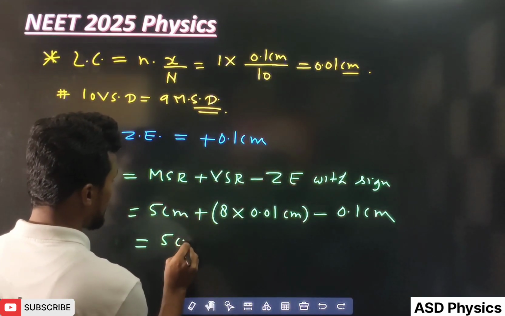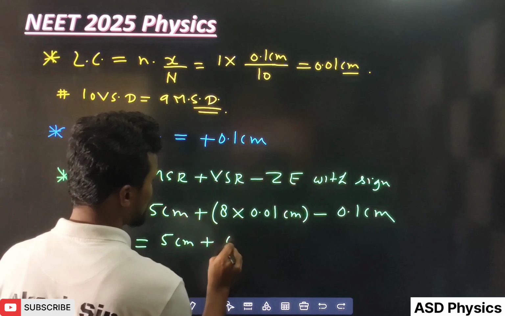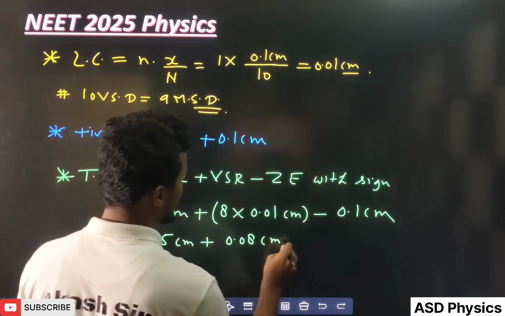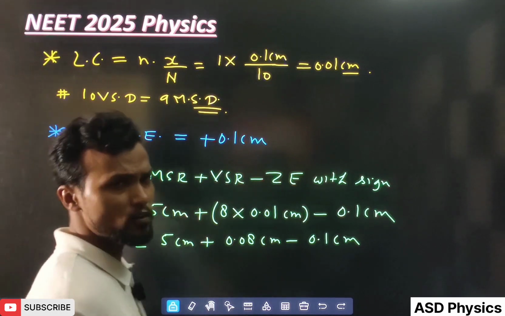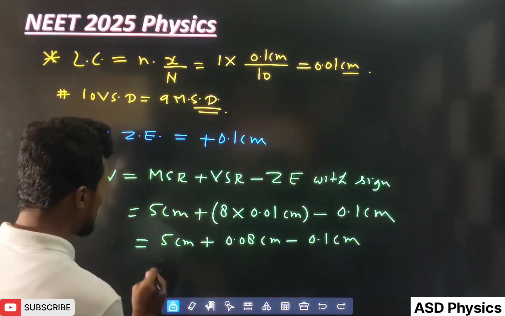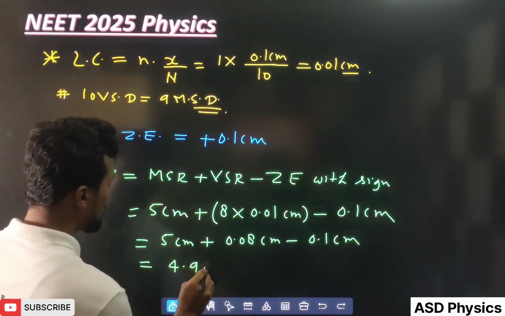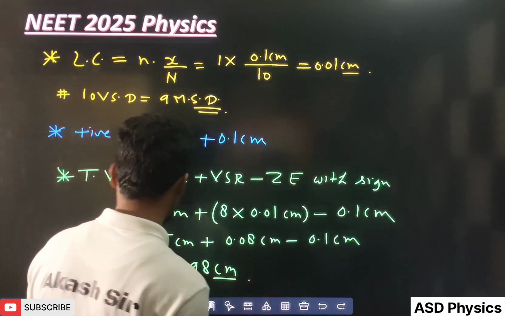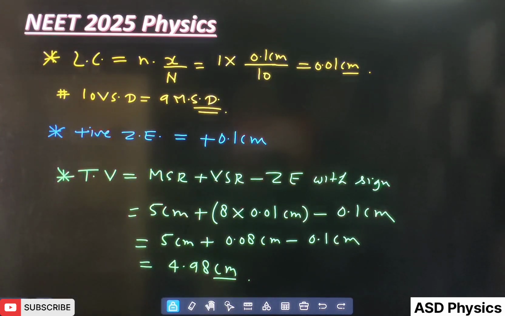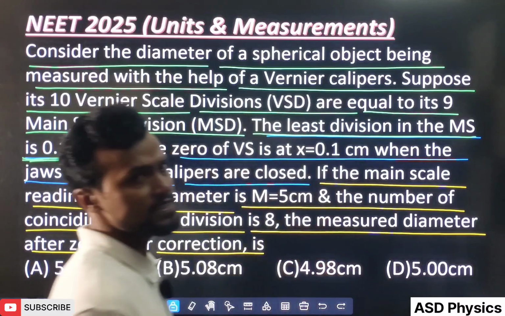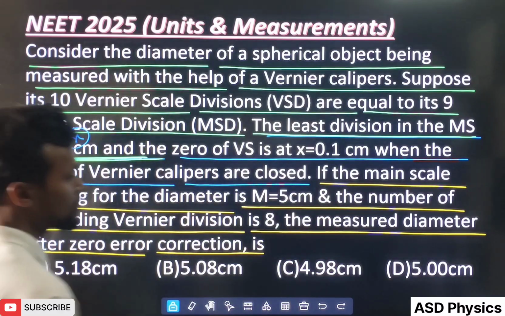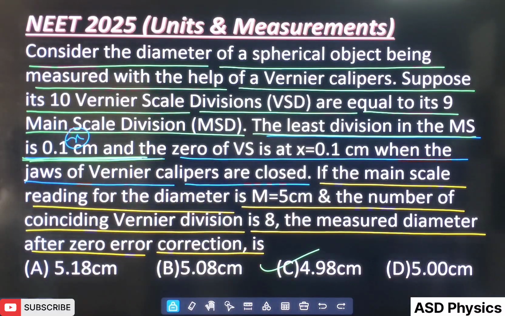So 5 centimeter plus 0.08 centimeter minus 0.1 centimeter. 5 minus 0.1 is 4.9, 4.9 plus 0.08 becomes 4.98 centimeter. So students, three parts are there: least count, zero error directly given, and this data to calculate the diameter. The diameter is option C, 4.98 centimeter.